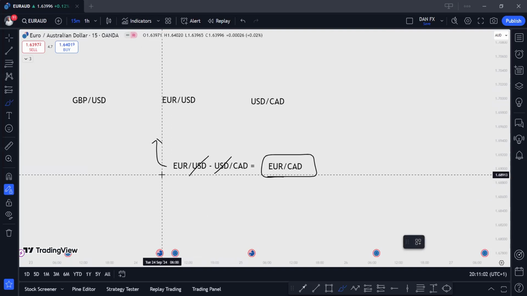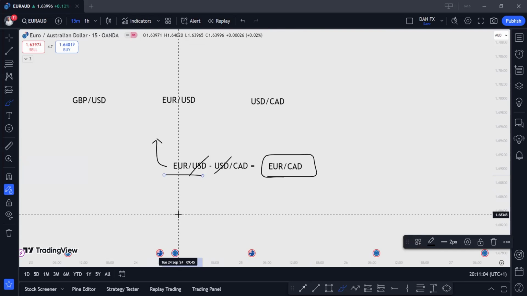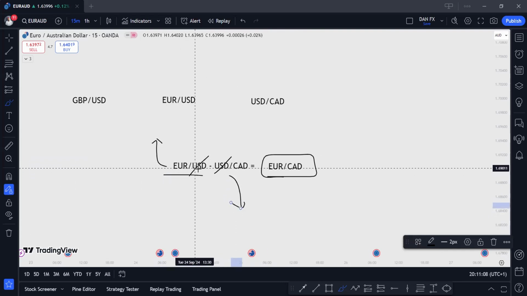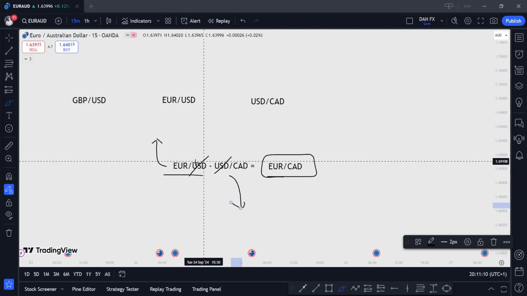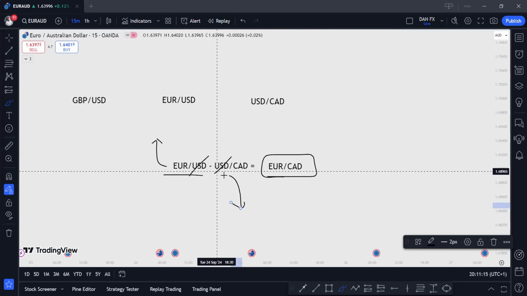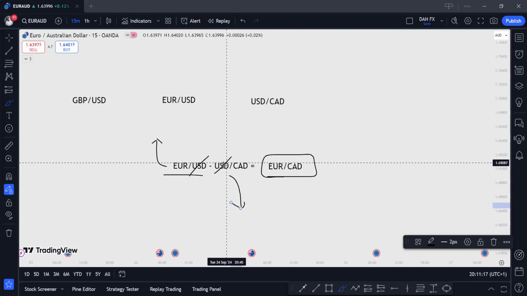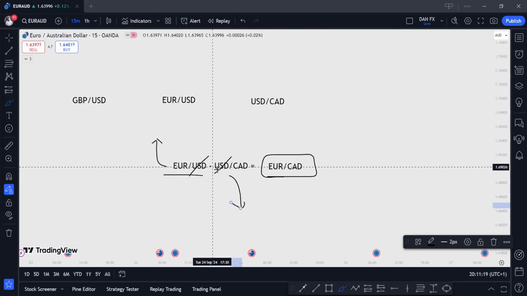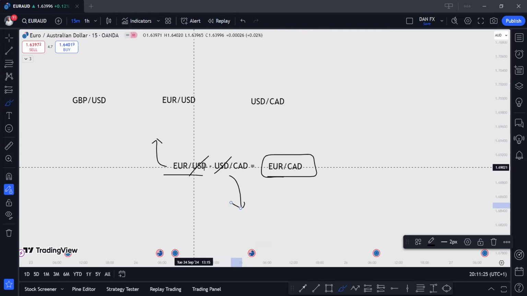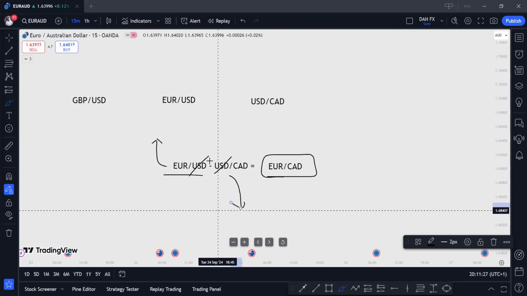So if Euro/USD is going up, that means USD/CAD has to go down, right? Why? Because this USD is the base and that one is the quote, right? So if this is going up, then this has to go in the opposite direction because of the opposites in base and quotes.